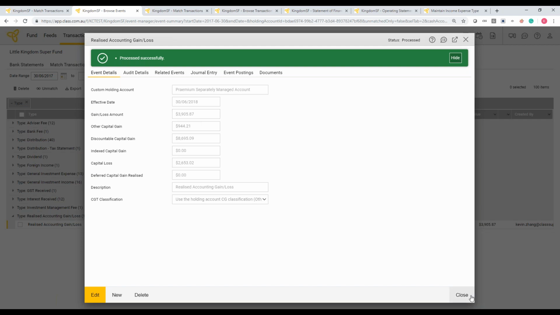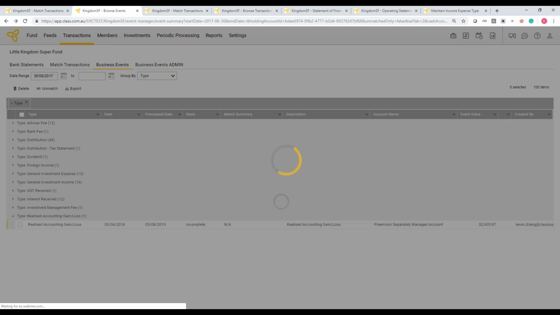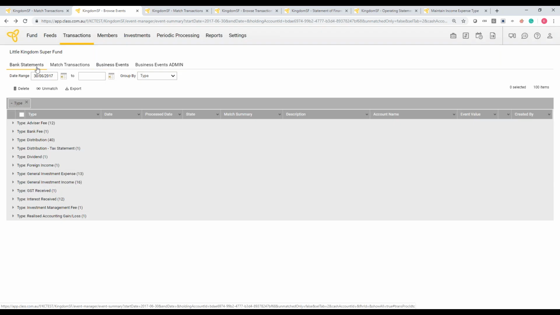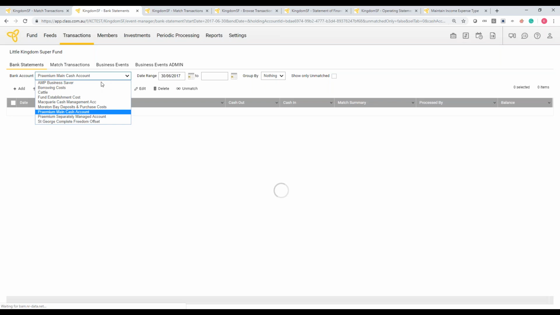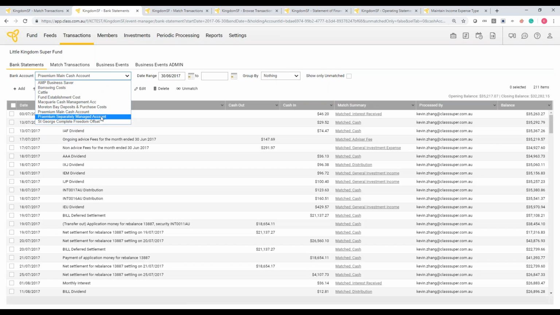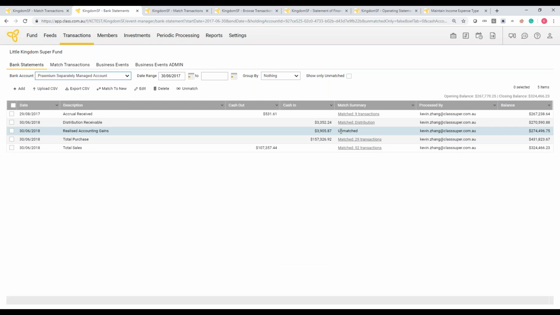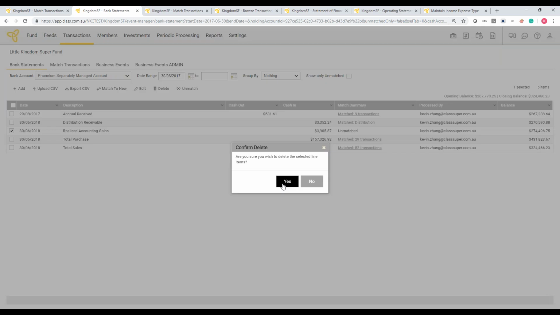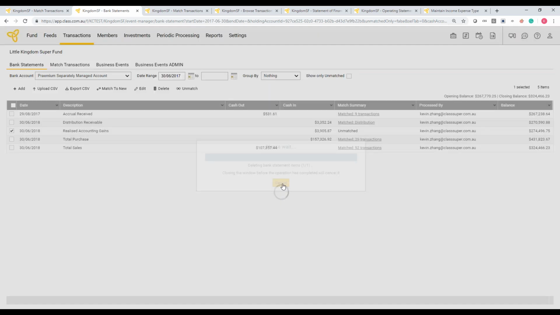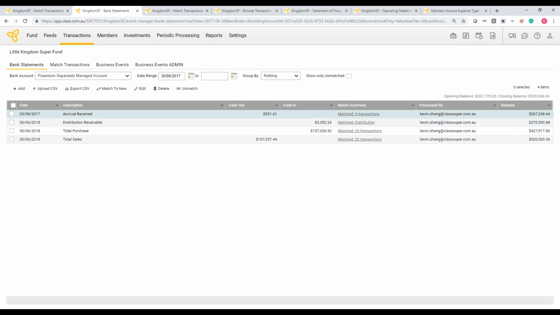Okay, so what I mean by that is if you go to your Onelink wrap, select this premium SMA account. Now let's say I just temporarily remove this. Okay, just delete this. Okay, your running balance. So the closing balance is effectively the cost base of your wrap account.